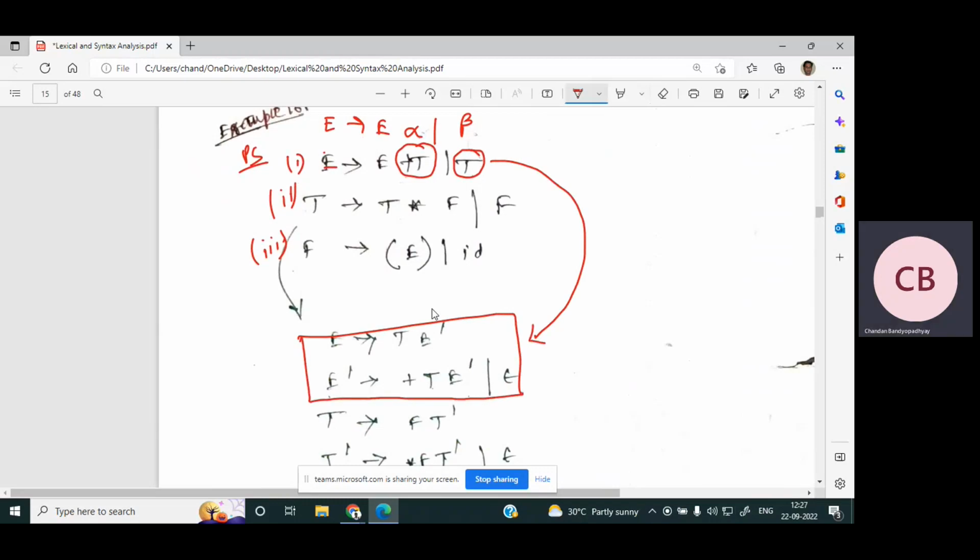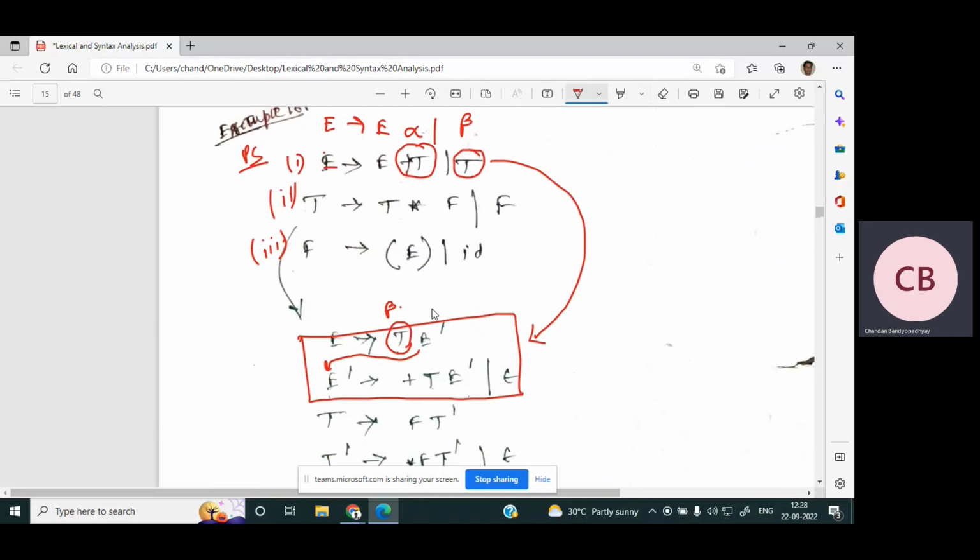For the first, E to E alpha and beta. You know what is the first thing we do? E to beta E'. Beta means here T, so it is T E'. Then again this E' will be coming over here. E' to alpha E'.